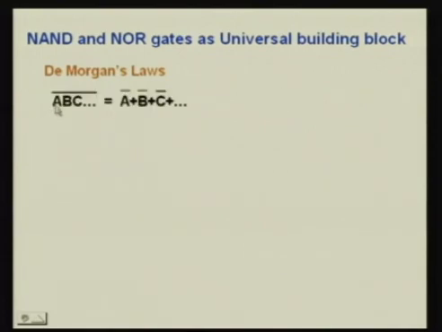So here we have A, B, C, these are the logical inputs, because they can assume either 0 state or 1 state. We should always keep in mind that A, B, C can either be 0 or 1 in digital electronics, in terms of logic gates.